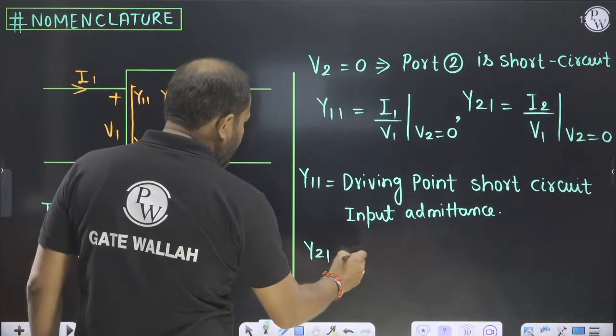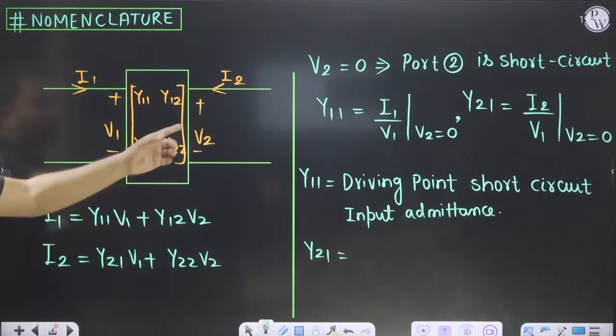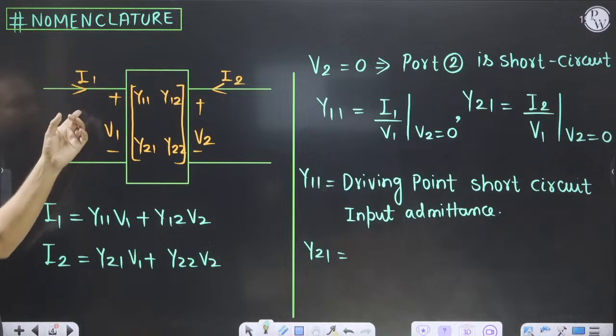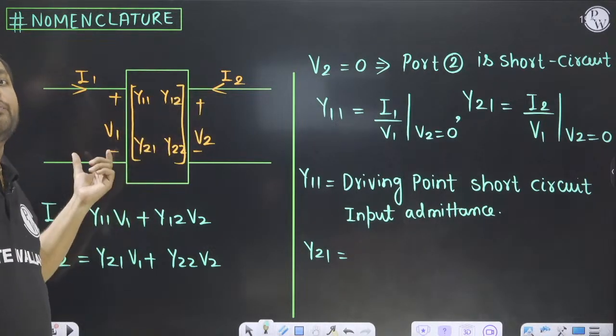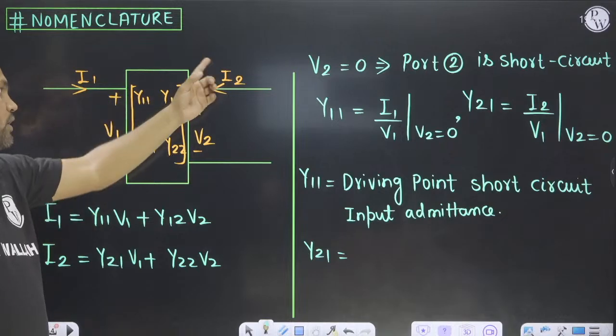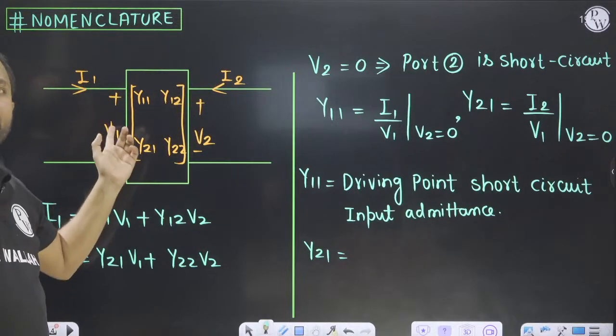Y21: output is I2, input is V1. So I2 is output, V1 is input.